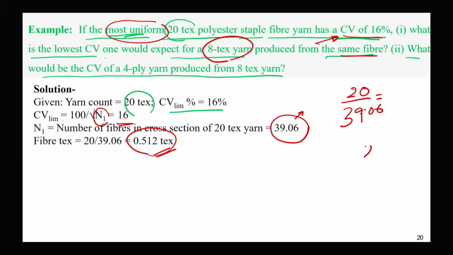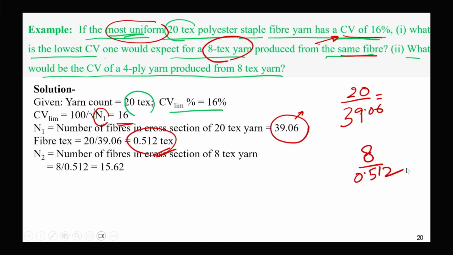So number of fibers will be 8 by 0.512, it's 15.62. So here we have got 15.62 as the number of fibers.